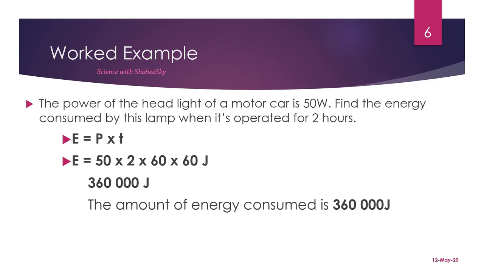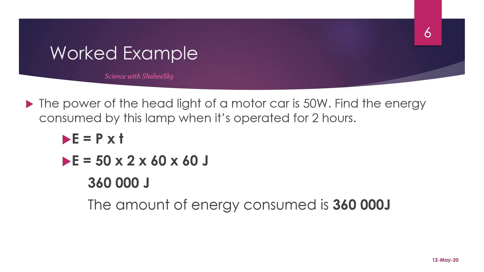See the worked example. How can we calculate the consumed energy? The power of the headlight of a motor car is 50 watts. Find the energy consumed by this lamp when it is operated for 2 hours. So here they have mentioned the time duration and the power. So you can calculate the energy directly using the equation E is equal to PT. E is equal to P, for P you substitute 50 watts and time 2 hours.